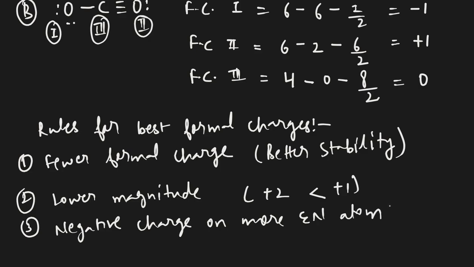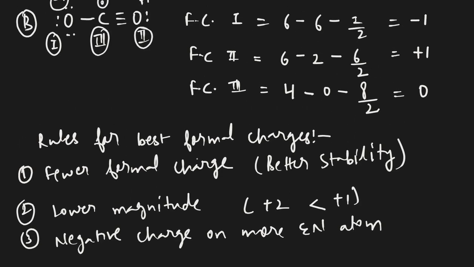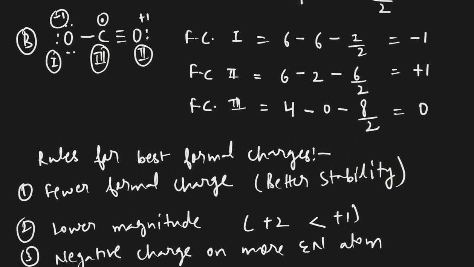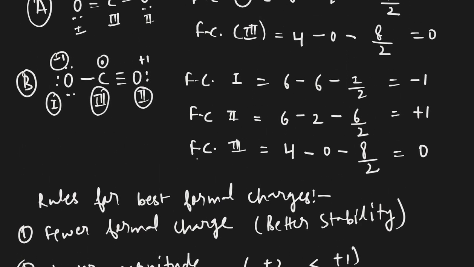Okay, so if you come across any situation where the formal charges are exactly the same, even the magnitude is the same, then you have to look at which particular atom it is on. If the negative charge is on the more electronegative atom, that means it is more stable. Okay, so on the basis of these three rules we can easily judge which one is more stable as compared to the other one.